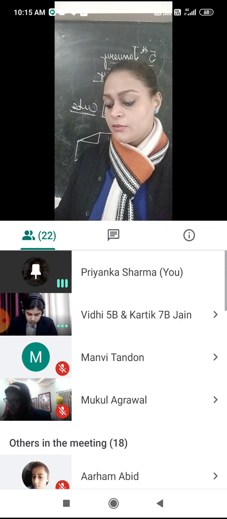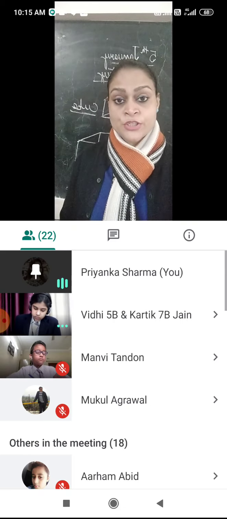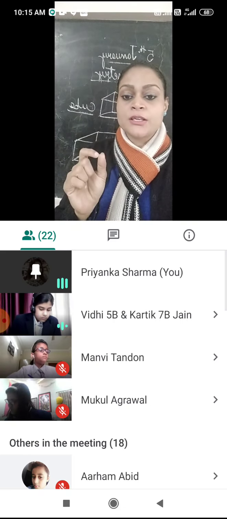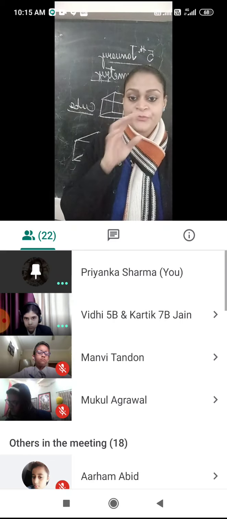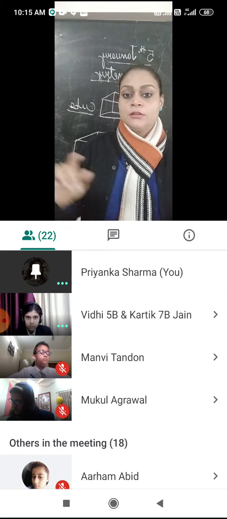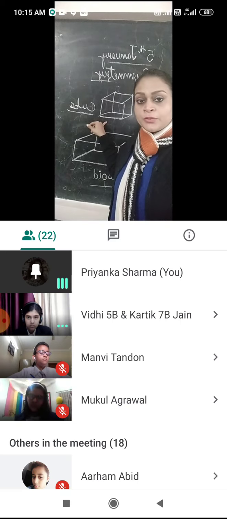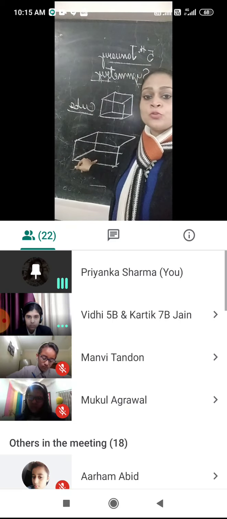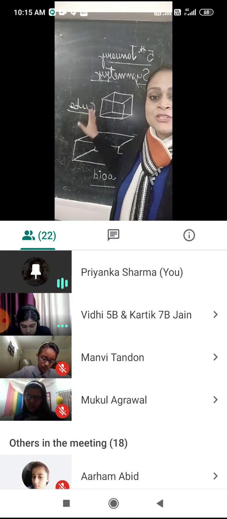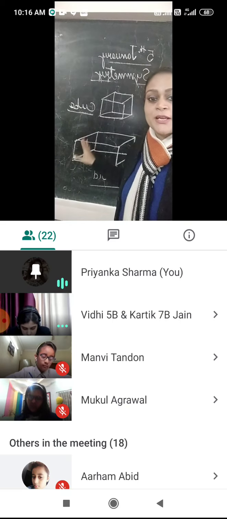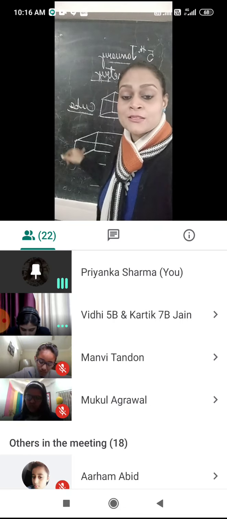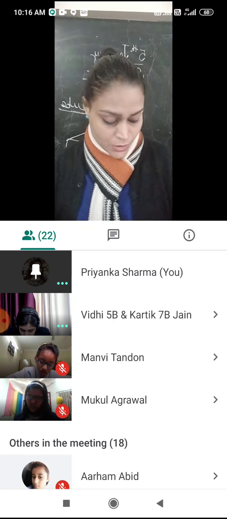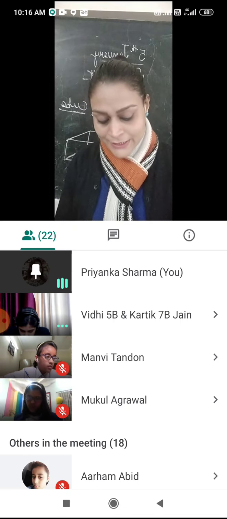Cuboid is given. This question also we have done. So you have to measure with whatever measurement is given in the question. Using that measurement, you have to make a cube and a cuboid. Cube has all sides equal. Cuboid has length, breadth and height also. So put a tick mark and write practice in rough.